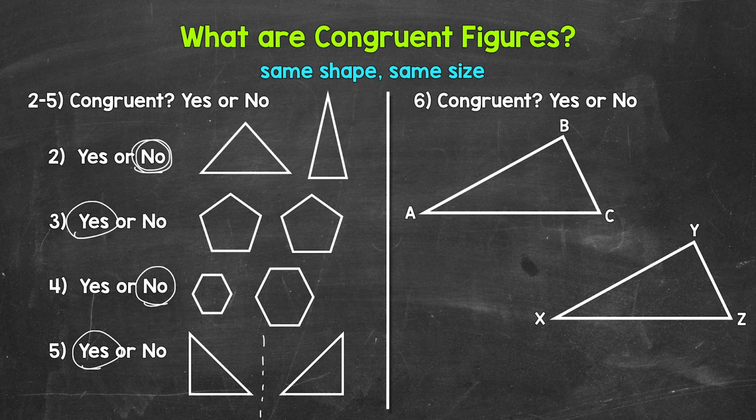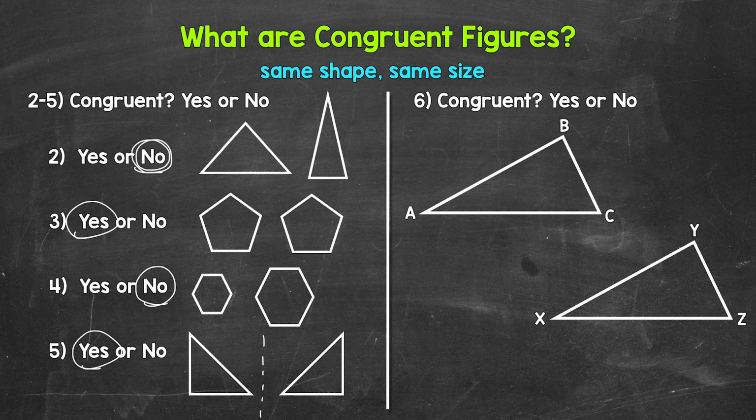Lastly, let's move on to number 6, where we have triangle ABC. So I'm naming that triangle by the vertices and going around in order. Again, triangle ABC, and then we have triangle XYZ. And for this one, we're going to take this a step further.